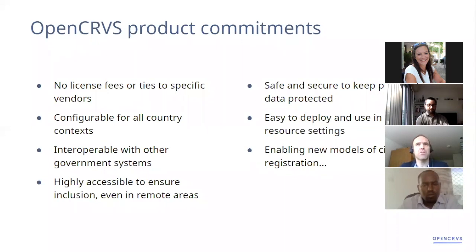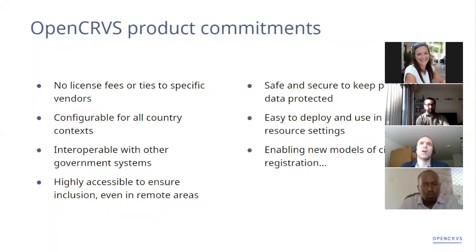Even when there's low staff capability, we wanted countries still to be able to use OpenCRVS and get the most out of it. And finally, and ongoing, we want OpenCRVS to enable new models of civil registration, such as active registration down at a community level.